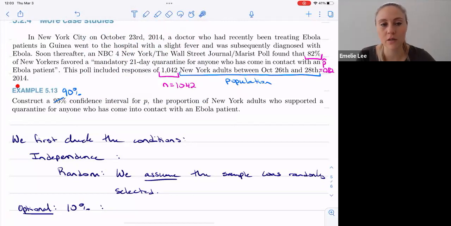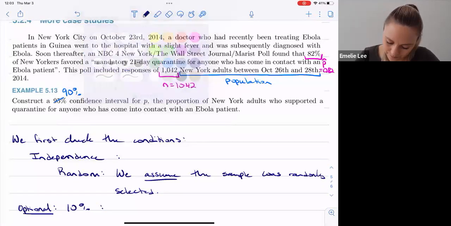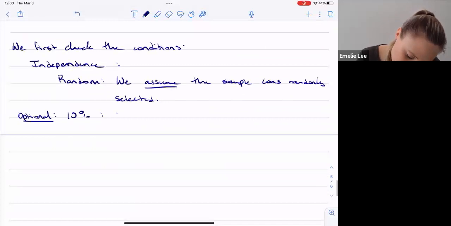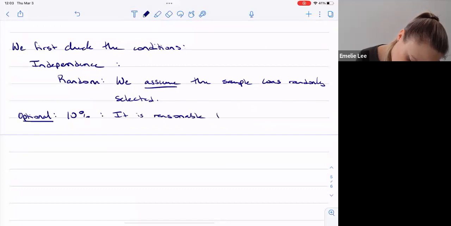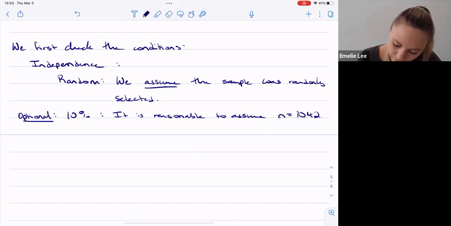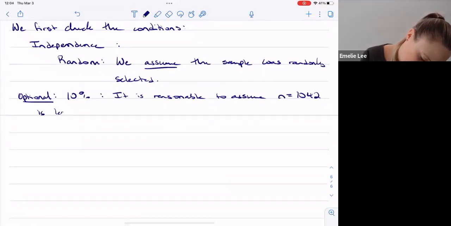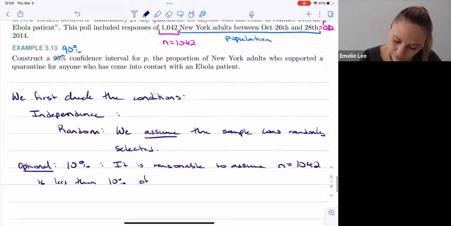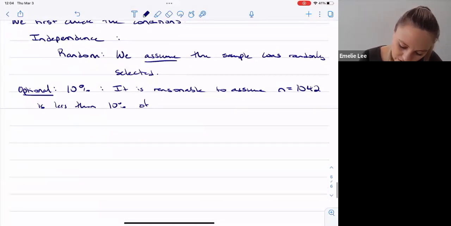So is 1,042 less than 10% of the population of New York adults between October 26th and 28th of 2014? Yes, it's reasonable to assume n equal to 1,042 is less than 10% of New York adults.